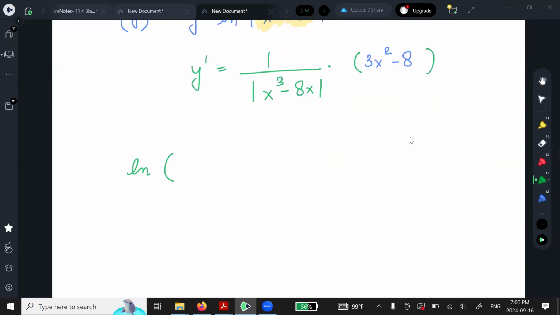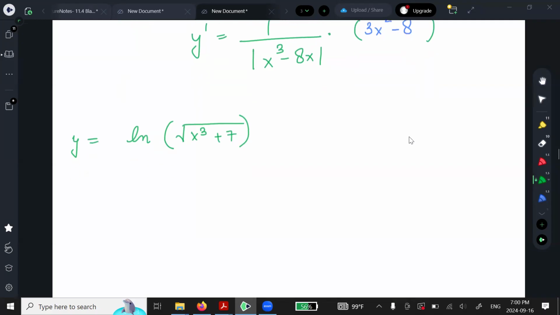What if you have the square root of x cubed plus 7? Now that's a great question. Expect a difficult question in the exam like this. How do I differentiate this?